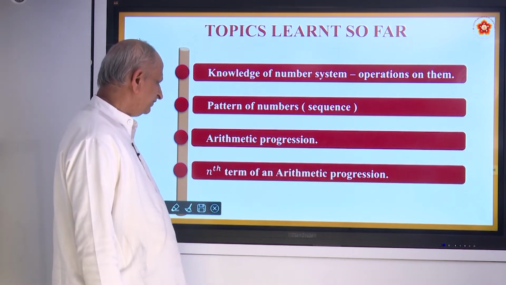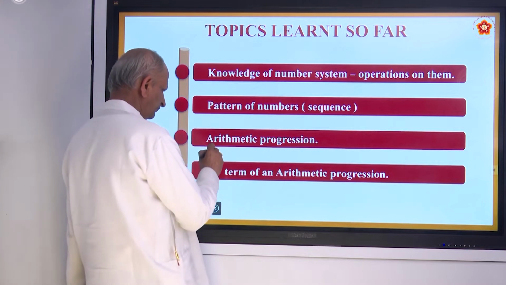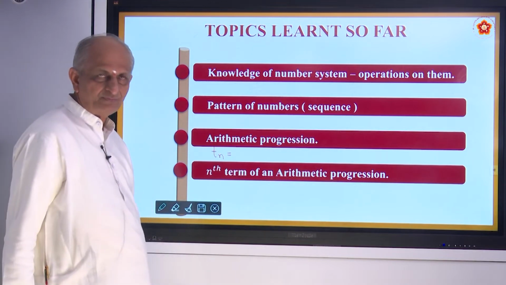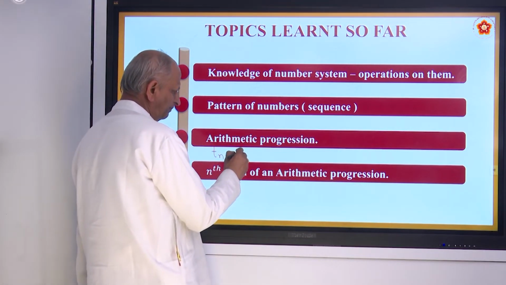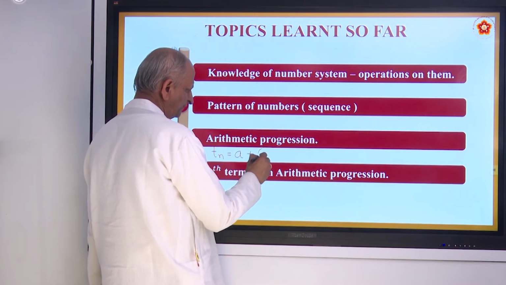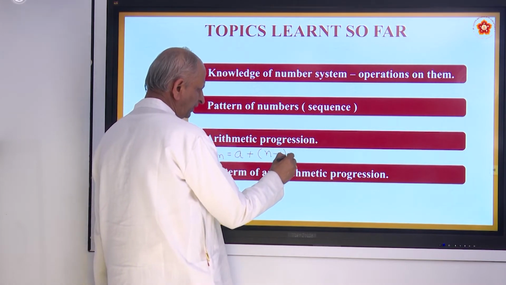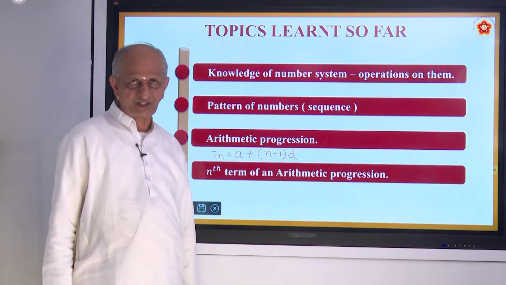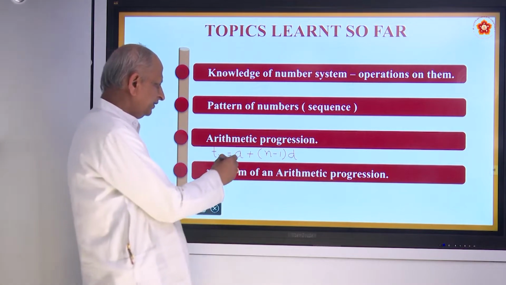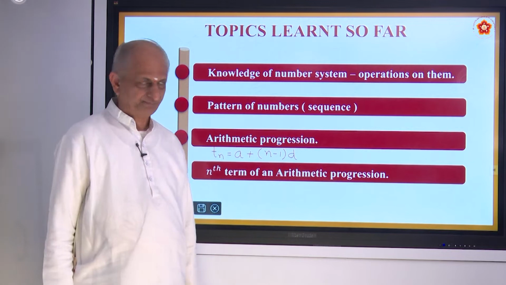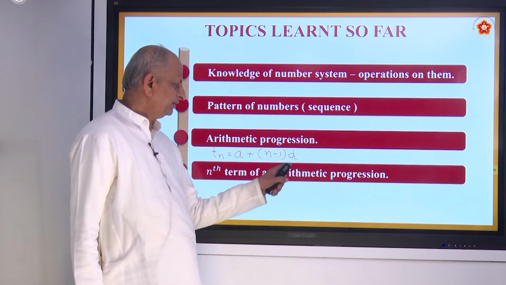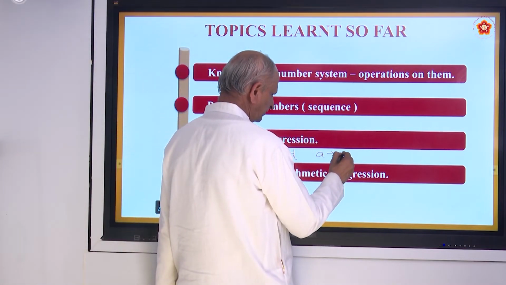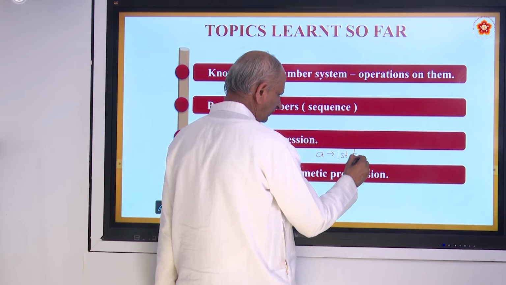And also what is called as nth term of an arithmetic progression. We call it as Tn. Of course you can use An also. How do you get? First term A plus n minus 1 into d. This is the formula for the nth term of an arithmetic progression. Here A is called the first term and d is called the common difference. So A, please recall what you have studied last class.